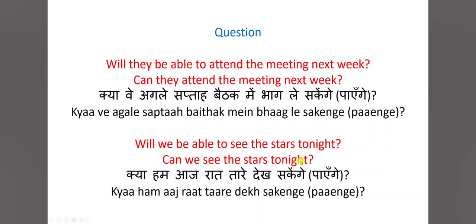Can we see the stars tonight? क्या हम आज रात तारे देख सकेंगे और पाएंगे? हम is we. आज रात is tonight. तारे is stars. देख is see. सकेंगे is will be able to or can. पाएंगे is will be able to or can. सक plus एंगे. पा plus एंगे. Alright. Next.